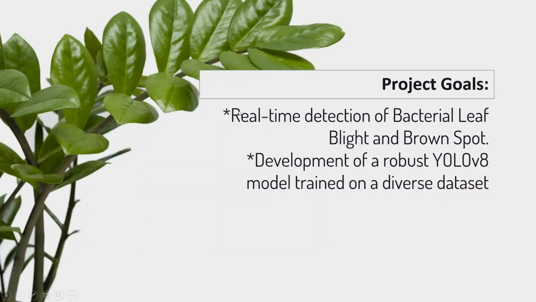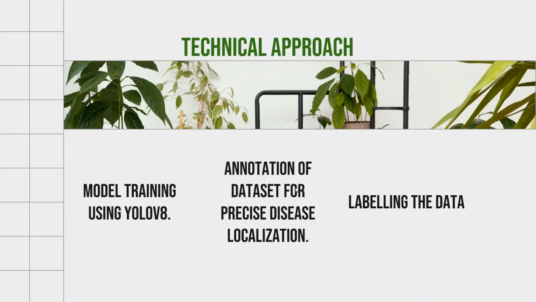So the basic goals of this project are doing real-time detection of bacterial leaf blight and brown spot, and developing a robust YOLO V8 model trained on the desired dataset, getting the output out of it, and showing it on a website also.